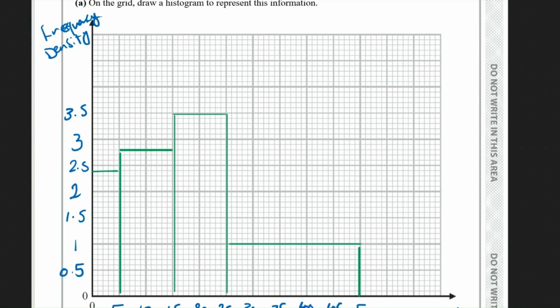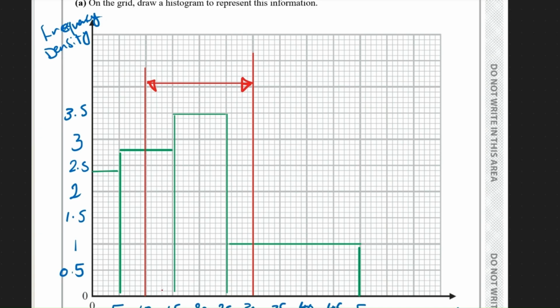So 10 grams here and 30 grams there. So that means we are looking at this part here.